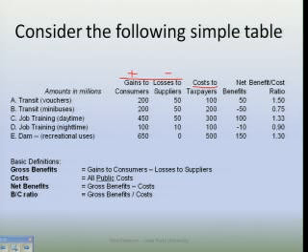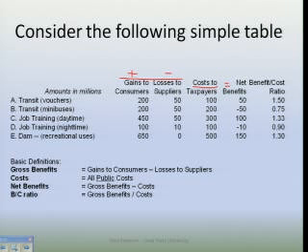Benefits are gross benefits. Okay? So all of that information in the first two columns is information I might be using to calculate what the benefits are. Those gross benefits minus the costs equals my net benefits.